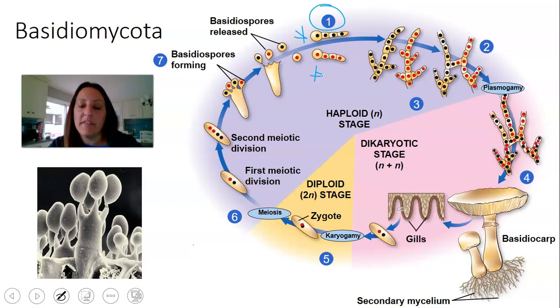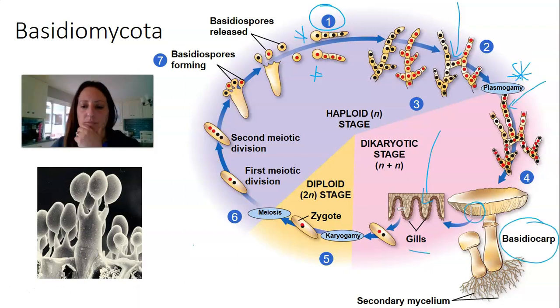And then somewhere, if they grow close enough together, you will get the fusion of 2 cells, which is called plasmogamy. And then those cells will be dikaryotic, so there's going to be 2 nuclei in 1 cell, and those can grow into the basidiocarp. So the basidiocarp would be composed of dikaryotic cells.